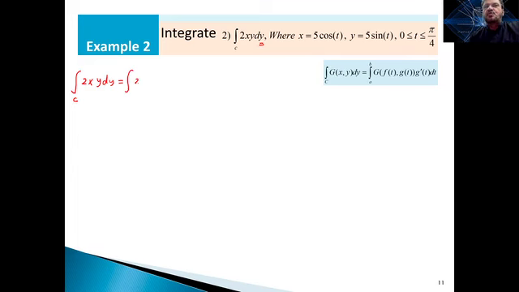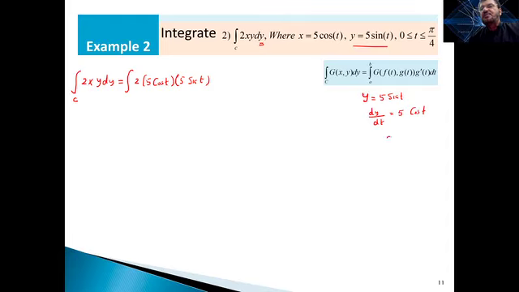So what do we say? This is equal to 2. What's x? 5 cosine t. What's y? 5 sine t. What's dy now? Look, y is 5 sine t. So dy over dt is 5 cosine t.